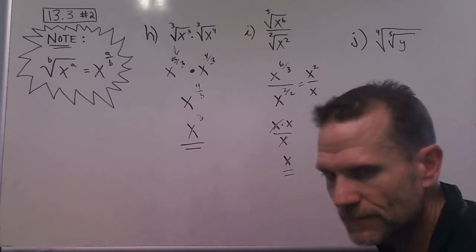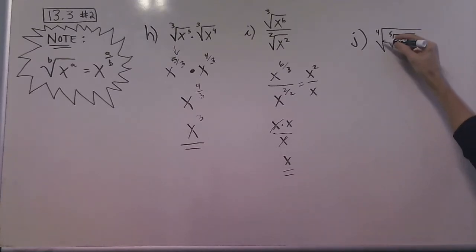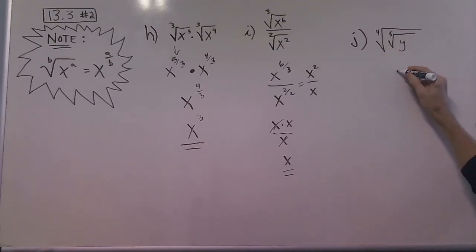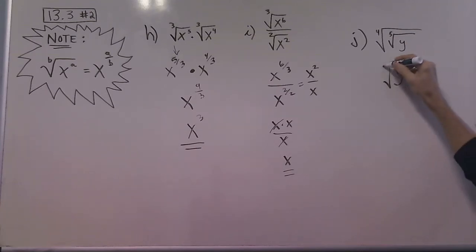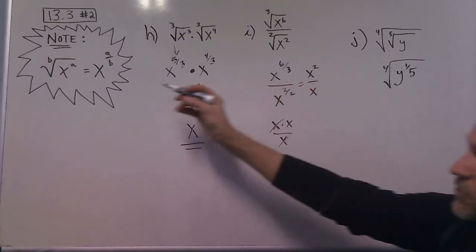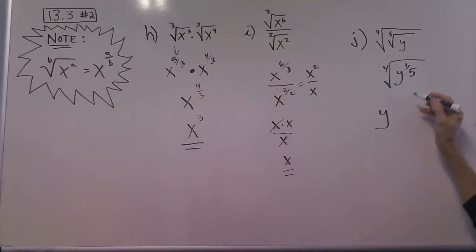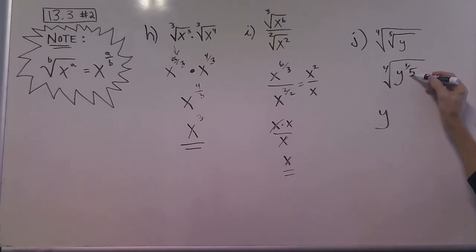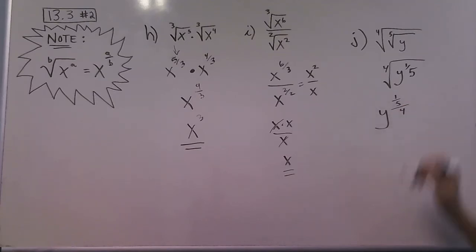Okay. And then next up, let's write this one under the big radical sign here as y to the 1/5. Okay. And then we have the 4/3 of that. So using this rule over here, we can say, okay, this is going to be the numerator, so I have 1/5 over 4.